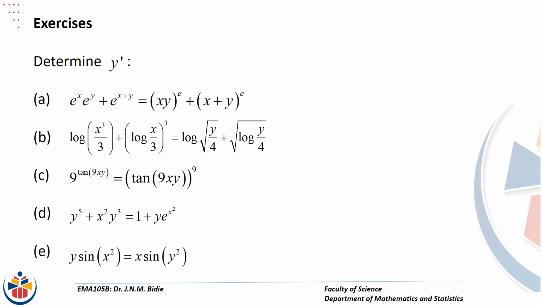Please go through the tables of derivatives to make sure that you understand how to find the derivative of those that we have not used in the examples that we've done thus far. Also note for number 1, you can simplify the left hand side easily. Let's see what you will get.